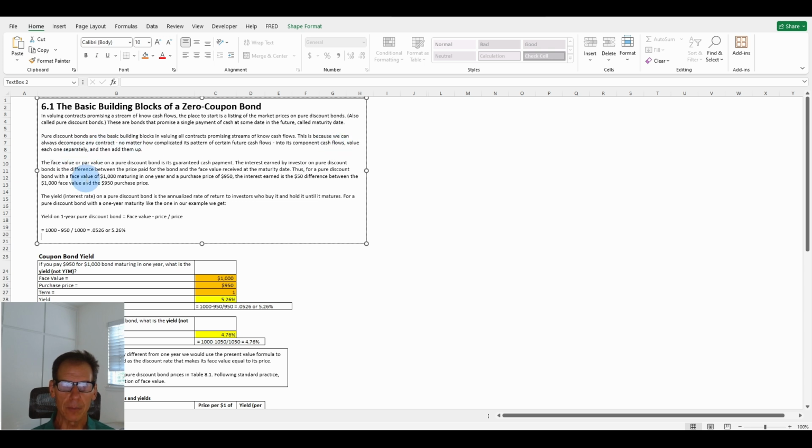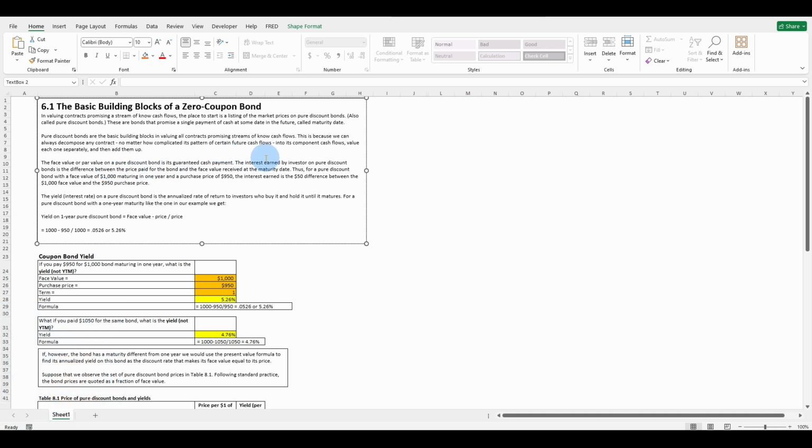The face value, or par value, on a pure discount bond is its guaranteed cash payment. The interest earned by investors on pure discount bonds is the difference between the price paid for the bond and the face value received at maturity. Thus, for any pure discount bond with a face value of $1,000 maturing in 1 year and a purchase price of $950, interest earned is the $50 difference between the $1,000 face and the $950 purchase price.